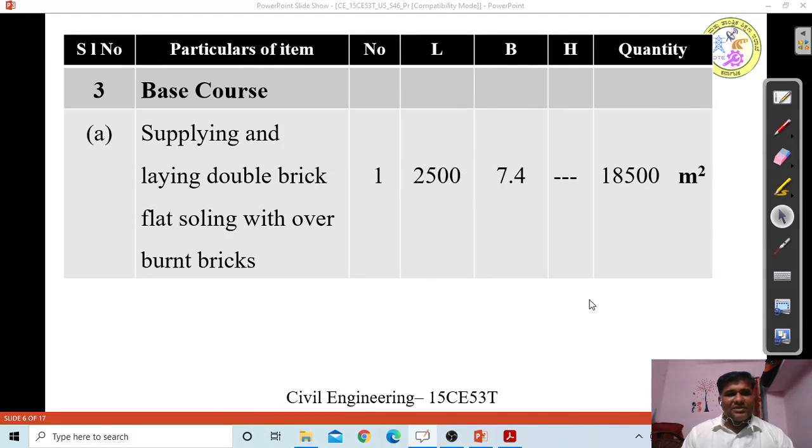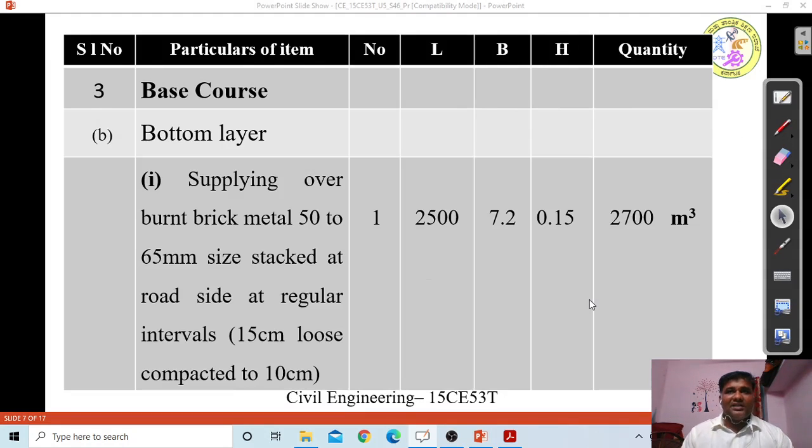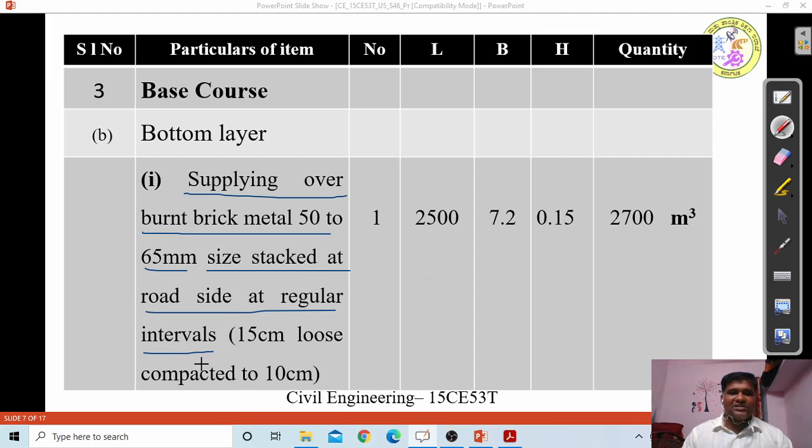The next item, above this double brick, is the bottom layer of the brick metals, that is supplying overburnt brick metal 50 to 65 mm. This 50 to 65 mm is the size of each metal, stacked at roadside at regular intervals.